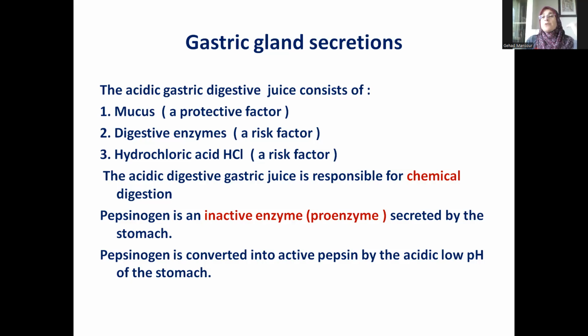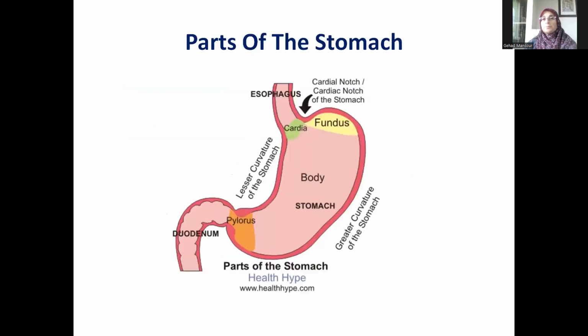So if for any reason HCl increases or mucus decreases, then you have an increased risk factor or decreased protection. Risk factor for what? And decreased protection against what? Against peptic ulcer or gastric ulcer.